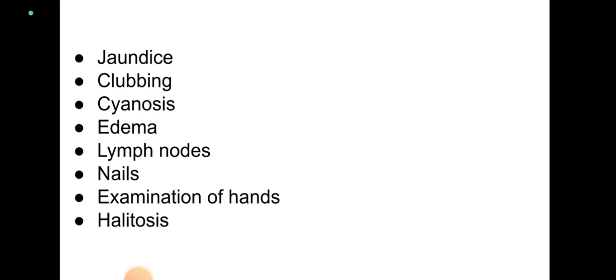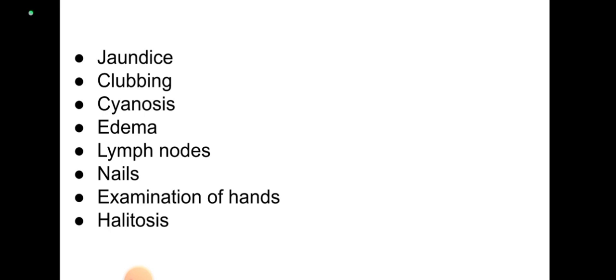Then we look for clubbing, which is the enlargement of the distal portion of the fingers and toes due to proliferation of connective tissues. We have made a detailed video on clubbing on this channel. You can find it and look for it.